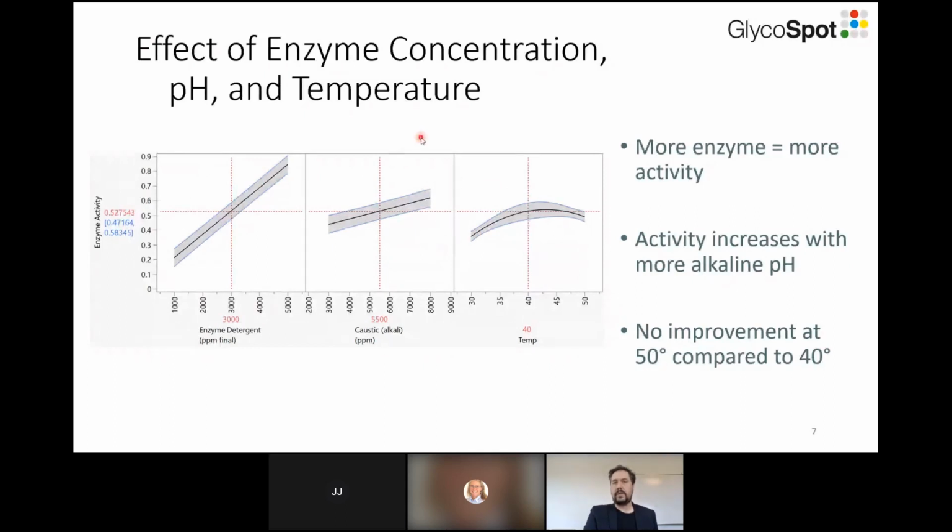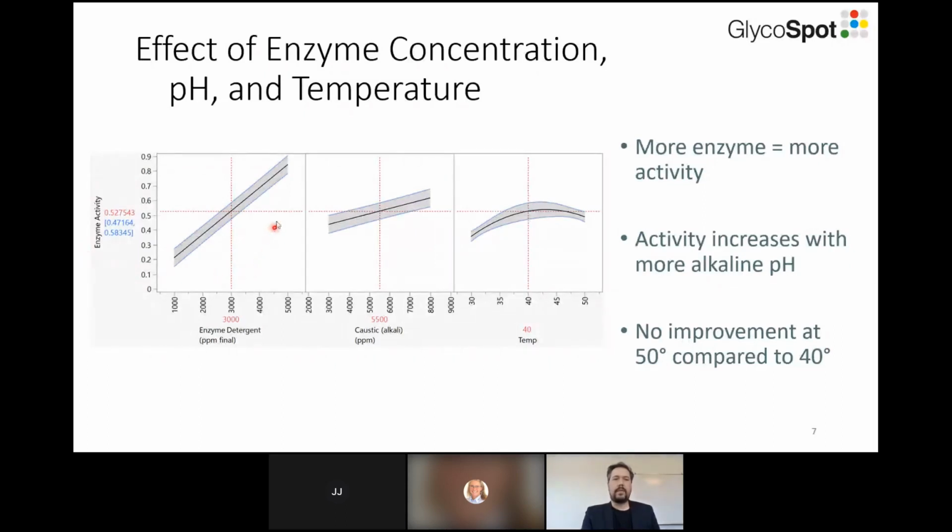This was an experiment that was performed in our laboratory where we designed a set of conditions to cover all the different space of these three parameters within the boundaries that we set. What is shown on the y-axis here is enzyme activity, which is measured by our colorimetric readout from the enzyme assay measured on the spectrophotometer.